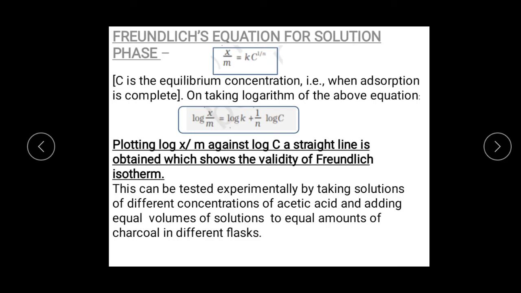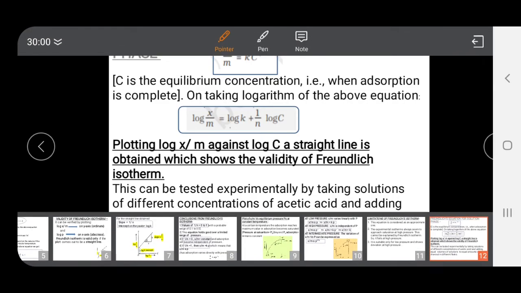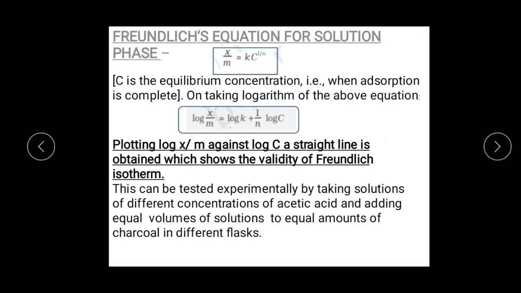It is tested experimentally by taking solutions of different concentrations of acetic acid in equal volumes, which are added to equal amounts of charcoal in different flasks, and the validity is checked experimentally and found to be true.